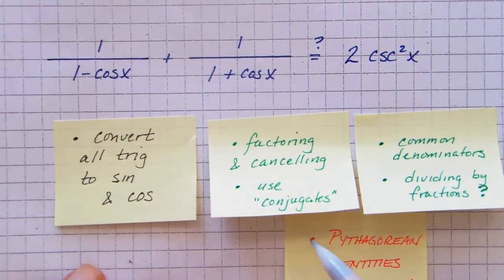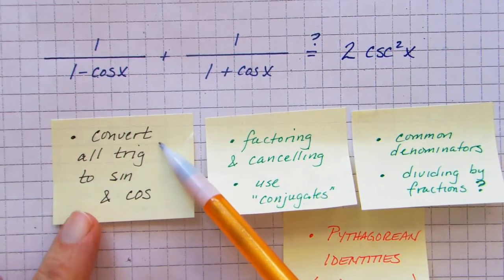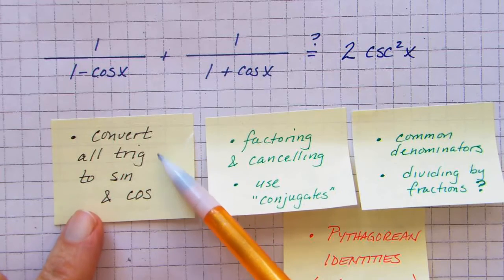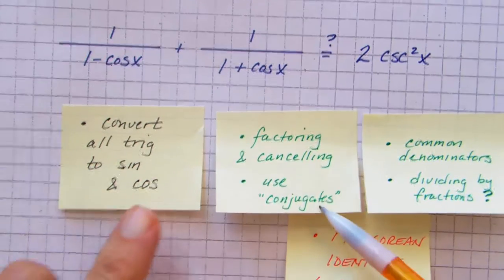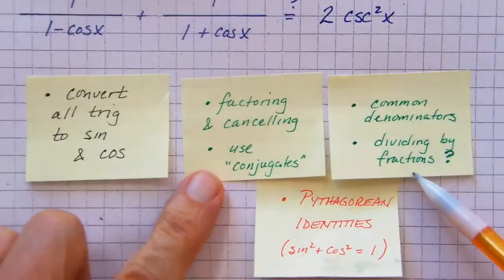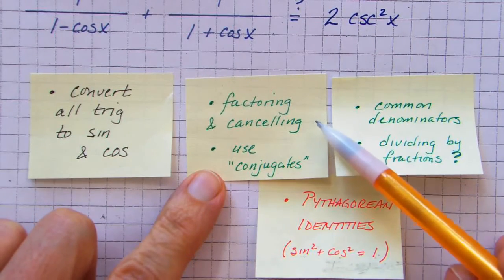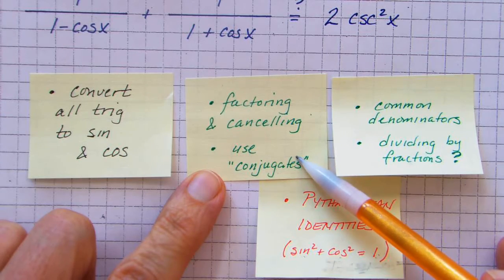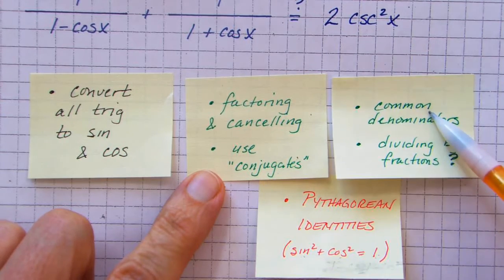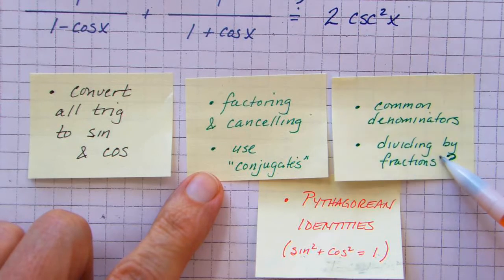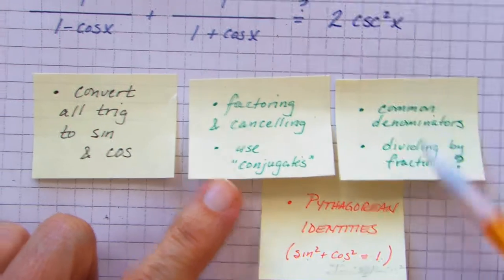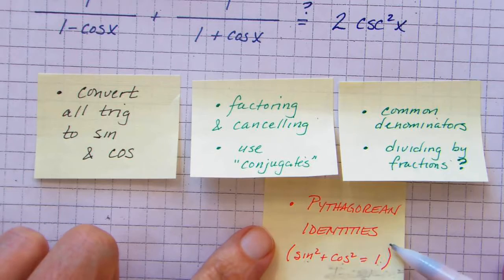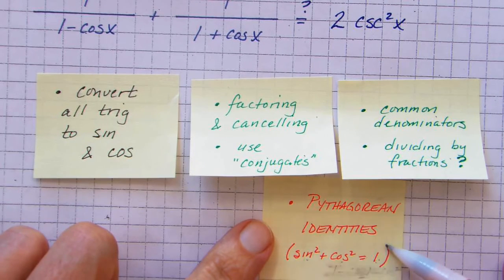So again, just a few reminders about some of the tips and tricks. We're going to turn everything into sines and cosines. We're going to take advantage of some of our algebraic ideas, factoring and canceling, conjugates might be useful here. The idea of getting common denominators if we want to add or subtract fractions. Invert and multiply if we're perhaps dividing fractions by fractions. And at some point, this always seems to come into play, the Pythagorean identity.